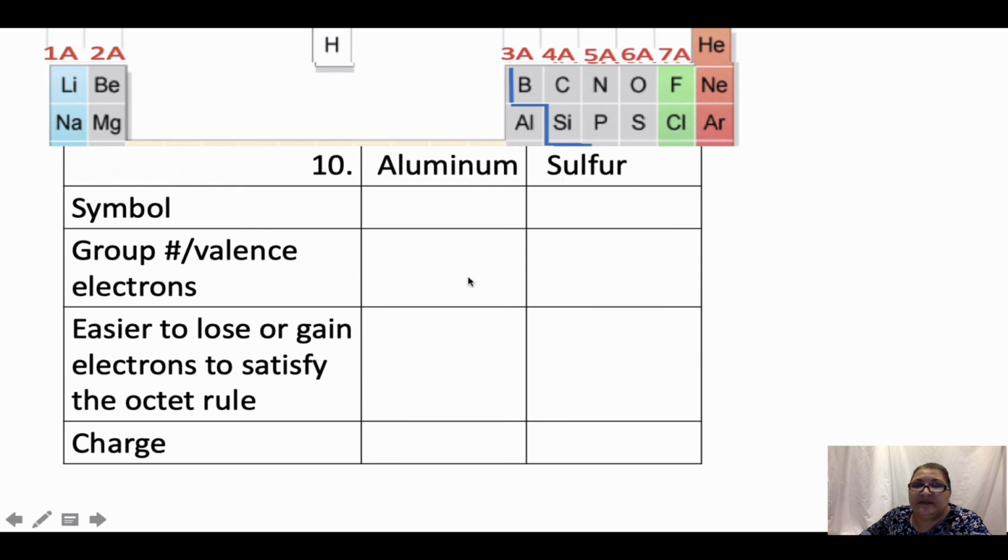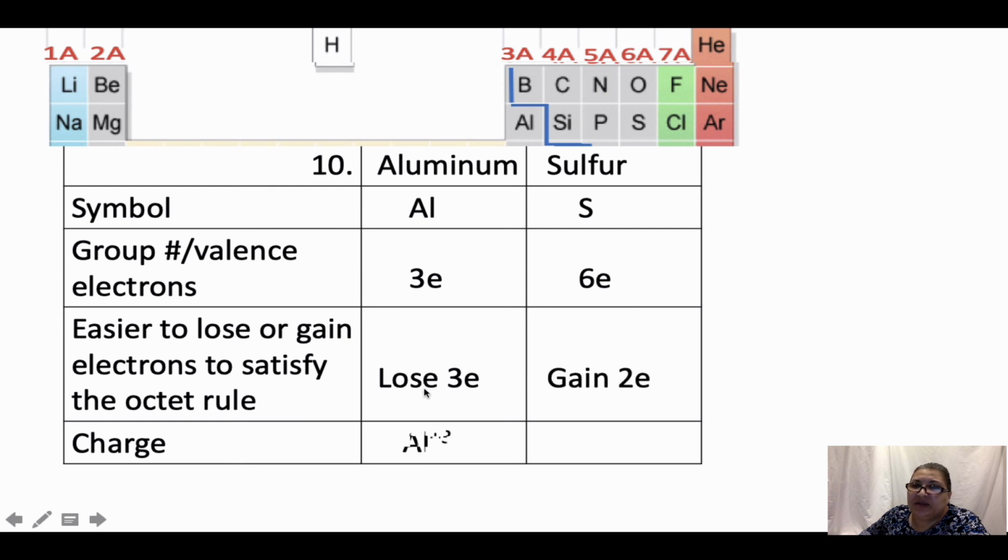Aluminum and sulfur, Al and S. Al is 3, so it has 3 valence electrons. Sulfur has 6. It's easier to lose 3. And another thing to remember is the first one always loses, the second one always gains. Sulfur, it's easier to gain 2 to get to 8.